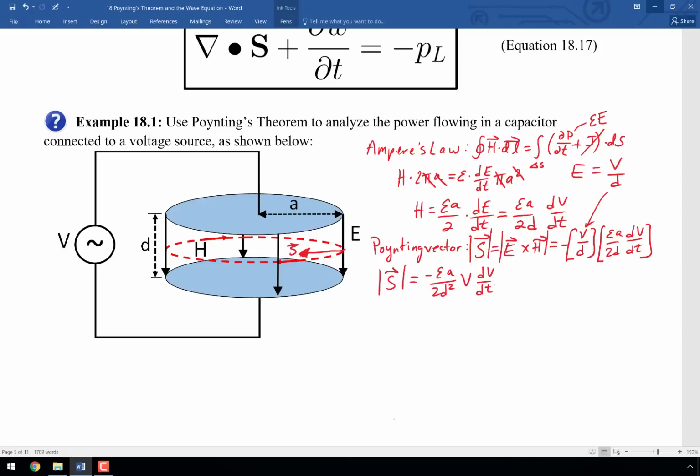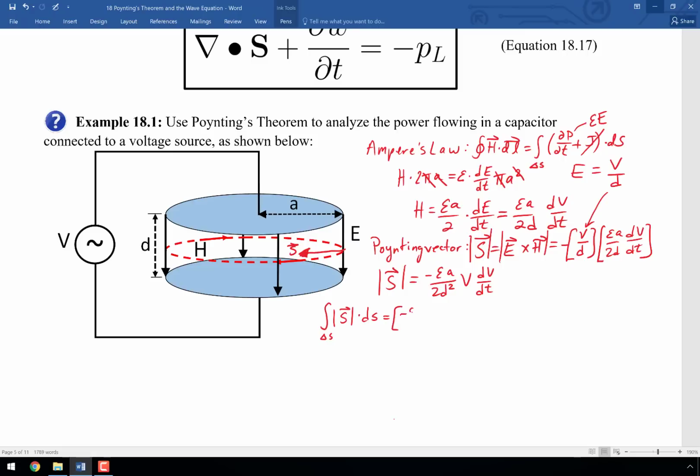And now I'm going to take the surface integral. And again, I know that I've already accounted for the direction because I've added this negative sign right here. So I'm just going to be taking the integral of the magnitude of the Poynting vector with respect to a surface integral, over delta S. Since the Poynting vector is going to be constant across that entire surface, the integral is just going to reduce down to a multiplication.